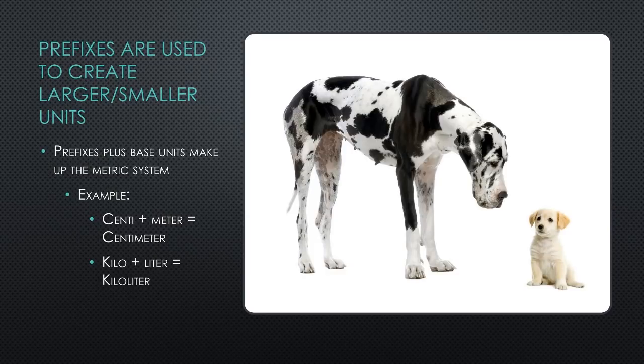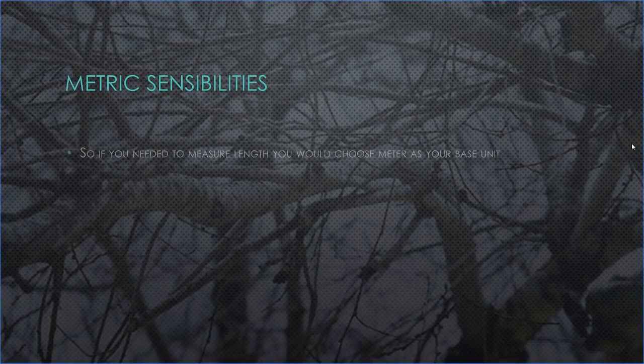While I could add a kilo to a liter and have a kiloliter, which would be a lot of volume. One thing you want to start doing with this is trying to think about how things fit, get some sense of these numbers.